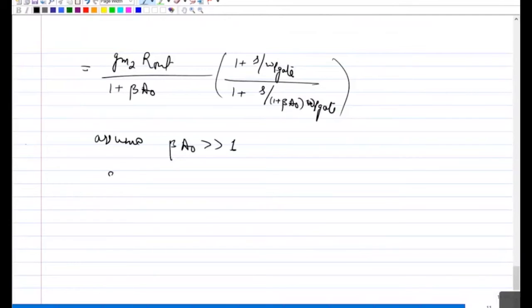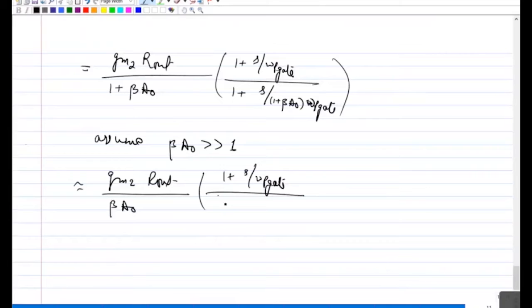Then you can simply write GM2 R out over beta A naught. I can write this as omega UGB. Okay.